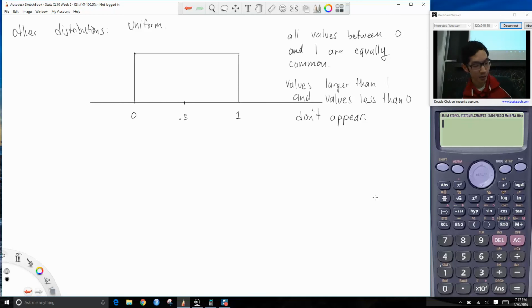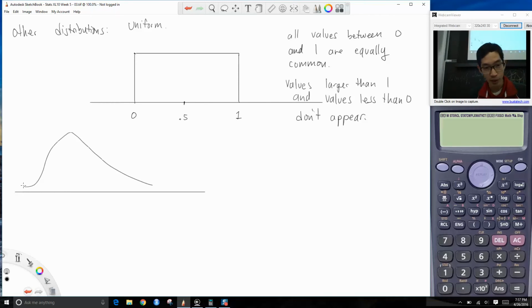Okay, and perhaps in a more advanced statistics or probability course, you would learn all of these other shapes. You would have shapes that look like this, and all the other skewed and exponential and all of this stuff. These types of things would appear, but I would say these are beyond the scope of the course.